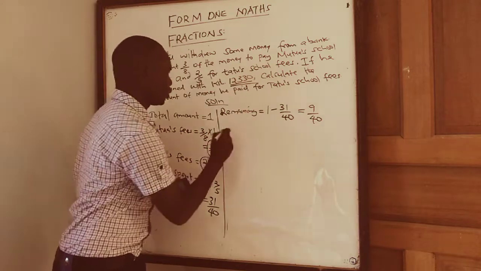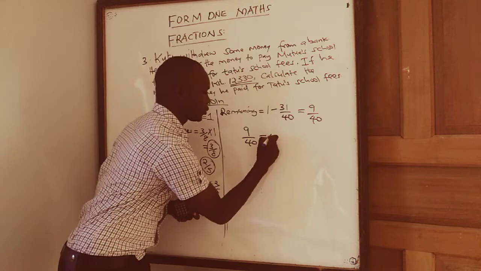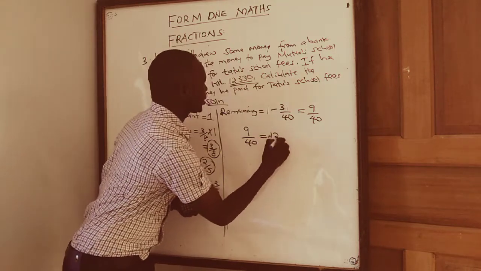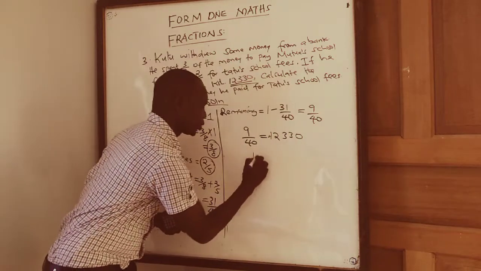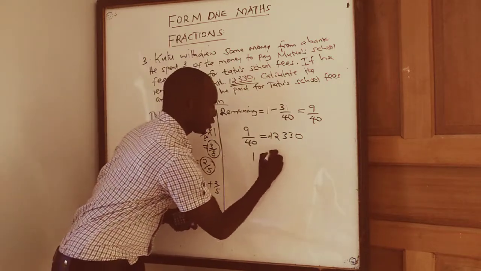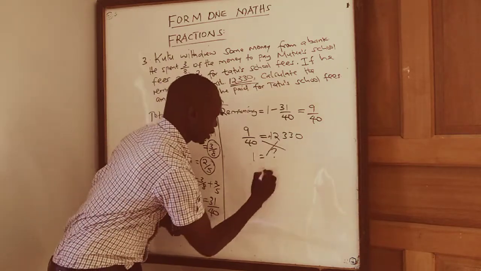This is now very simple, because 9/40 is the fraction that represents 12,330. What about the total amount, which is 1? 1 will be equal to what? If we cross multiply, we are going to have 1 times what?